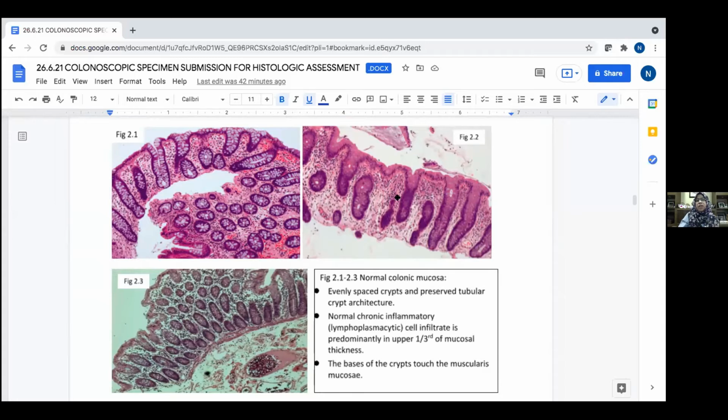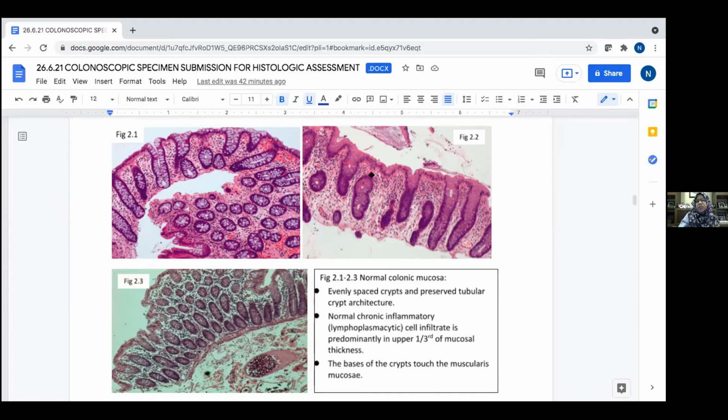Sometimes you have a bit of shearing artifact because of the procedure, the pulling artifact. So a slight angulation of the crypts is acceptable. That is the shape of the crypts, but on cross section they look nicely tubular and evenly spaced.